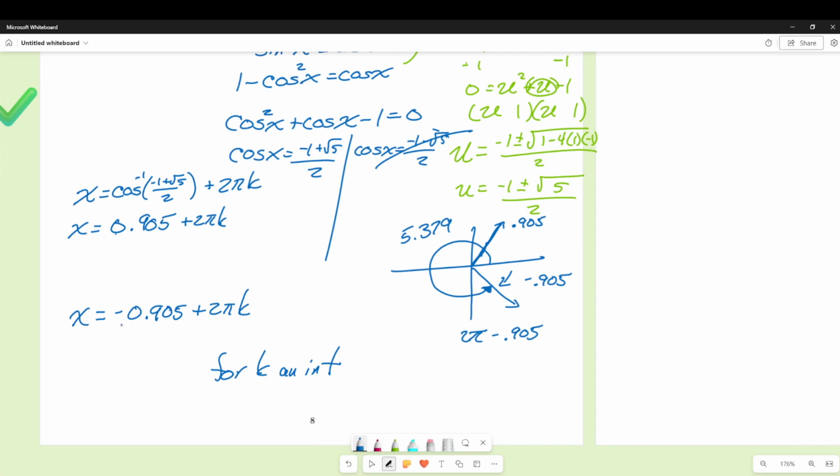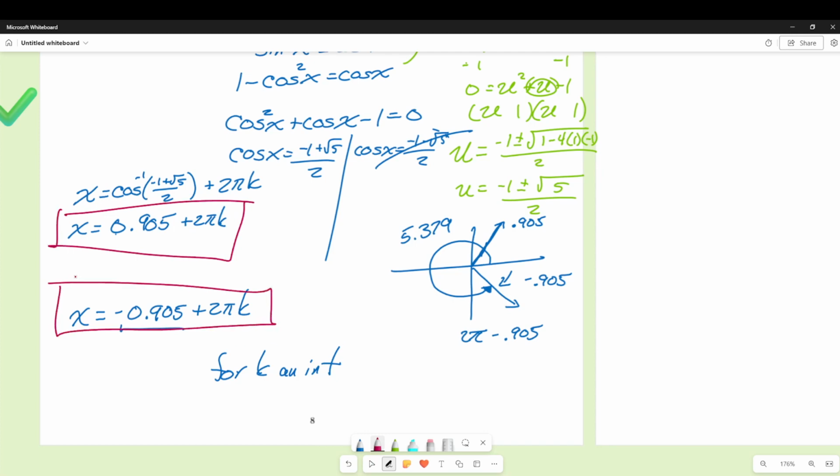So you could have this value be 5.379 as well if you wanted to. So that's going to be our two sets of solutions. And that's going to be all of the places that those two graphs intersect. And of course it's a lot of values. It's all of these little intersection points over and over and over again.